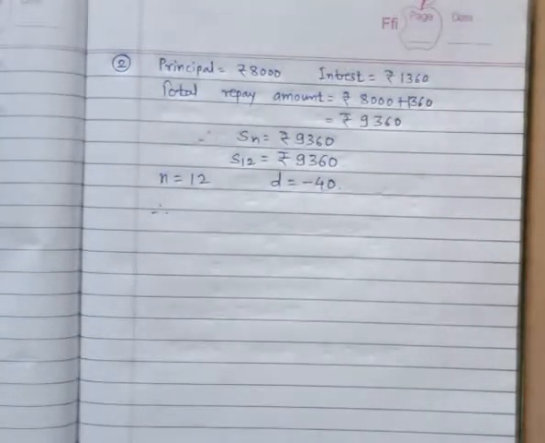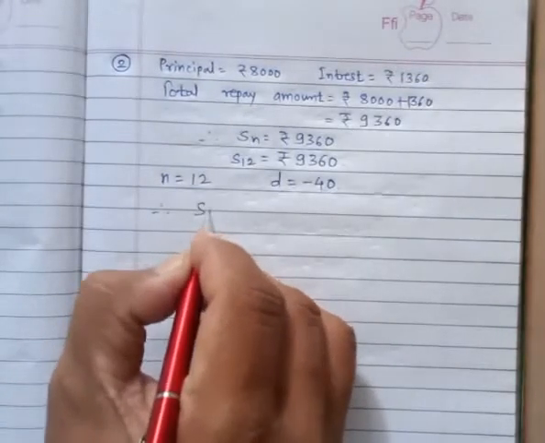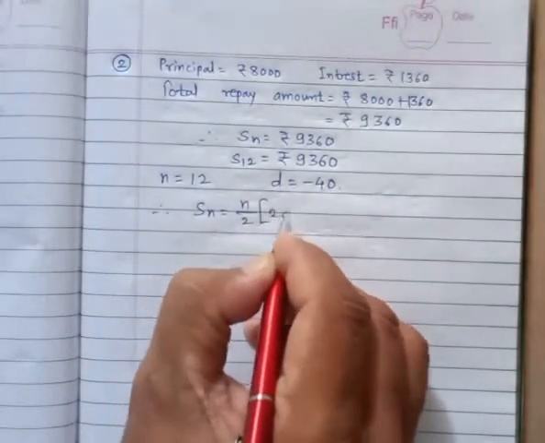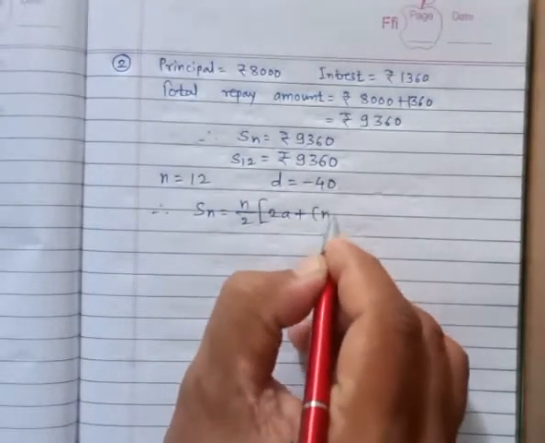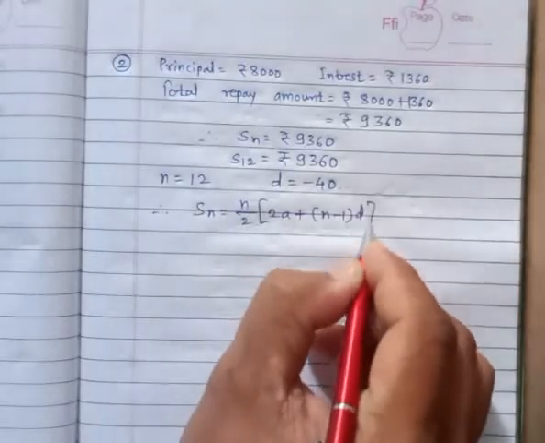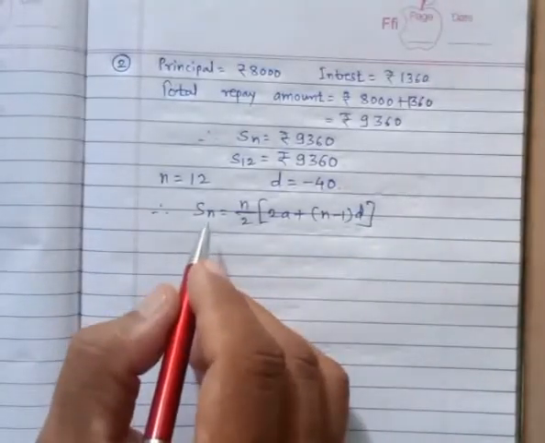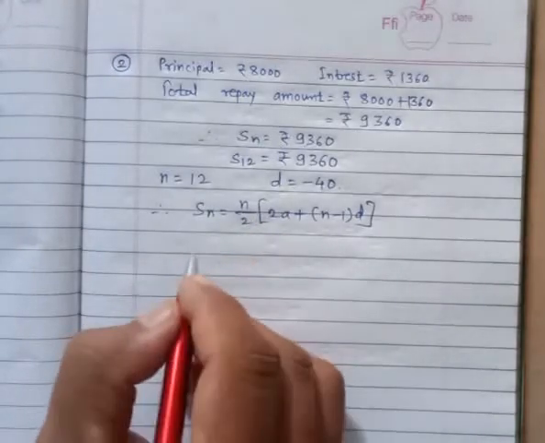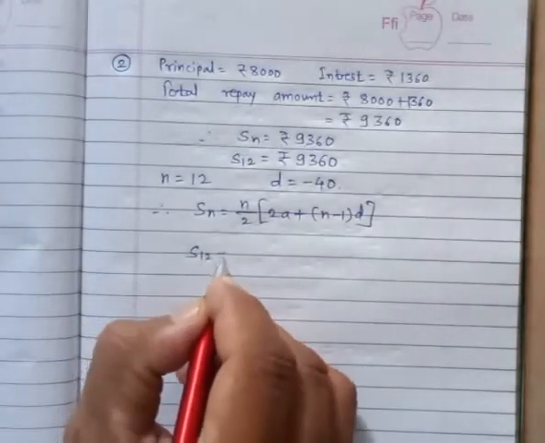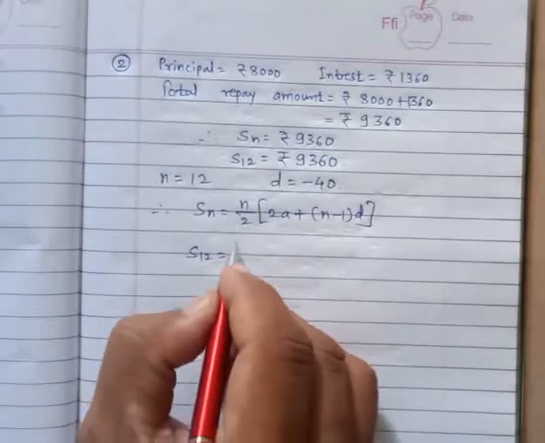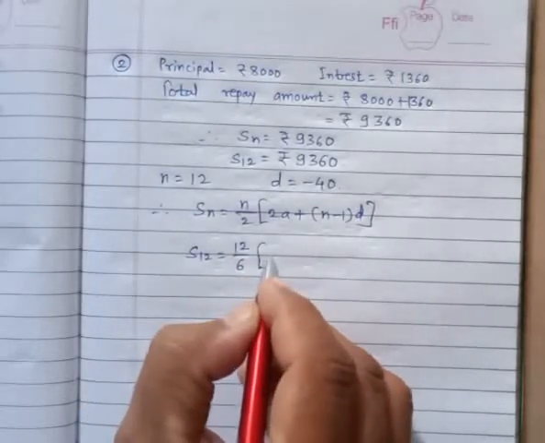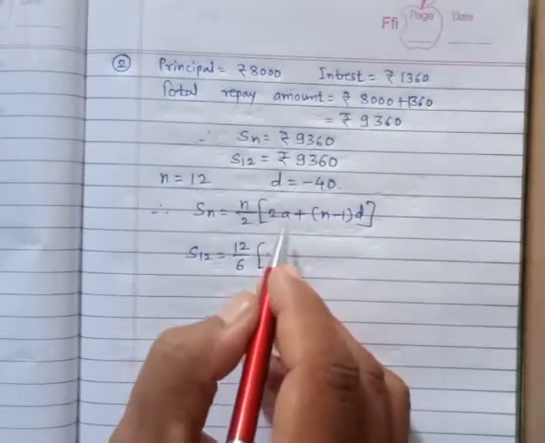Now for the first installment, we know the formula Sn is equal to n upon 2 in bracket 2a plus (n minus 1) into d. Put the value of n, a and d, that is n is equal to 12. Therefore, S12 is equal to 12 divided by 2, that is 6, in bracket 2a. We do not know the value of a.